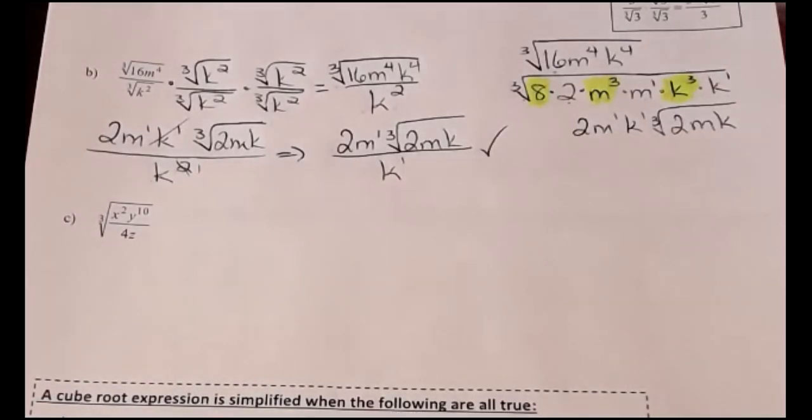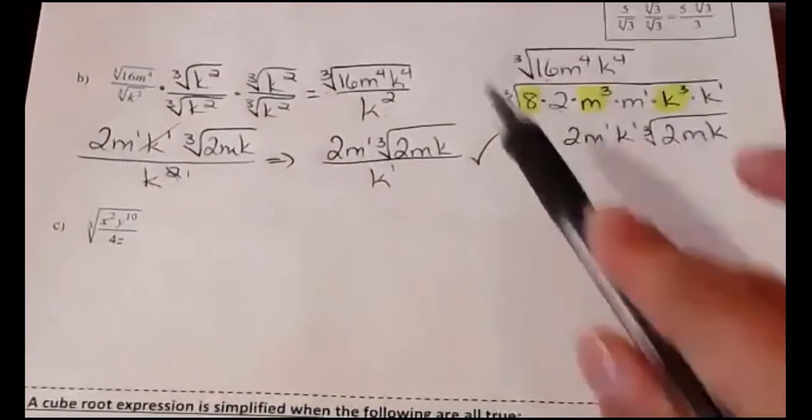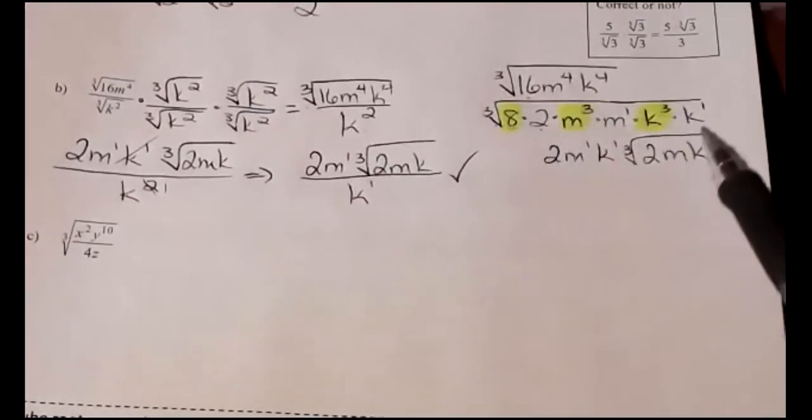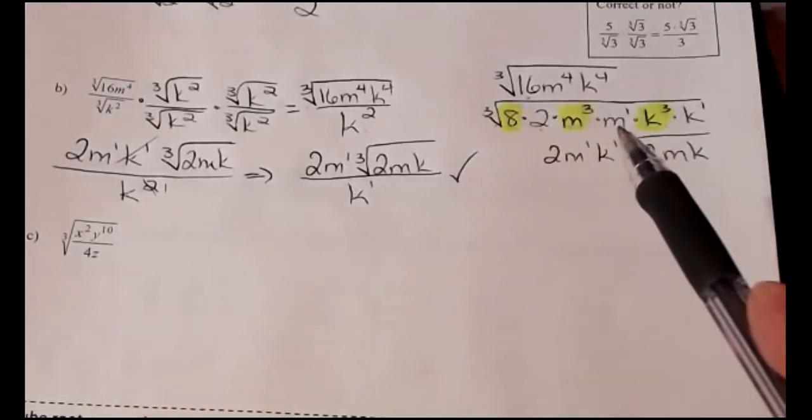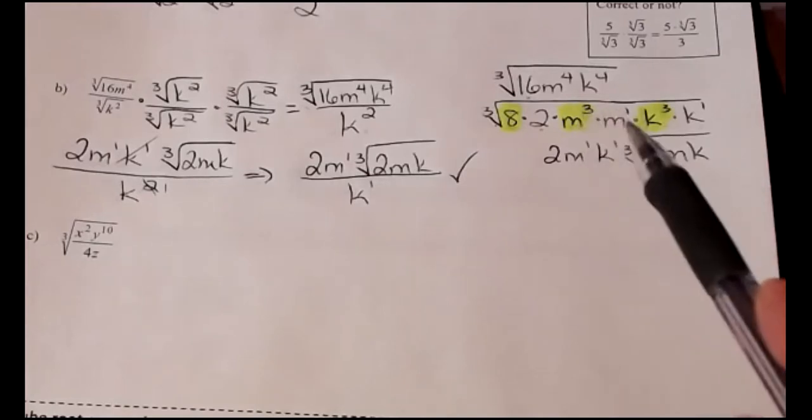Talk to me. Questions, concerns, comments? I have a question. Yes, awesome. When we're doing, over to the right, the 8 times 2 times m to the third times m to the first, why do we do m to the third times m to the first?